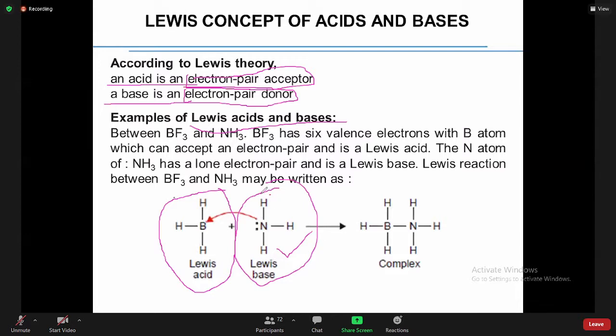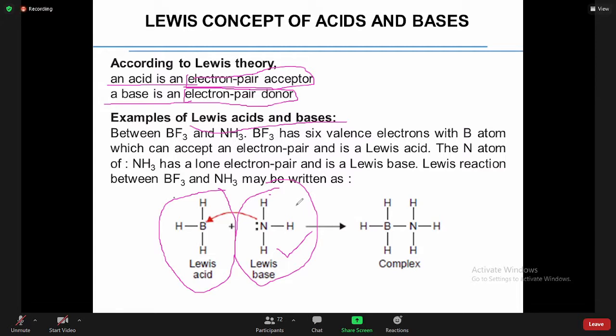According to Bronsted-Lowry also, the ammonia compound is a base, right? So a question can be, how can you explain that NH3 is a Bronsted-Lowry base as well as a Lewis base?